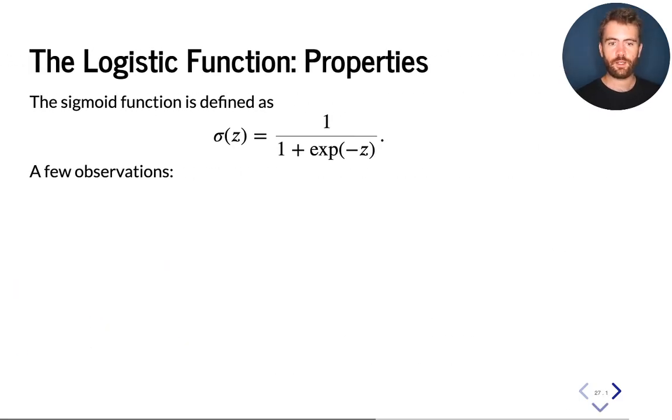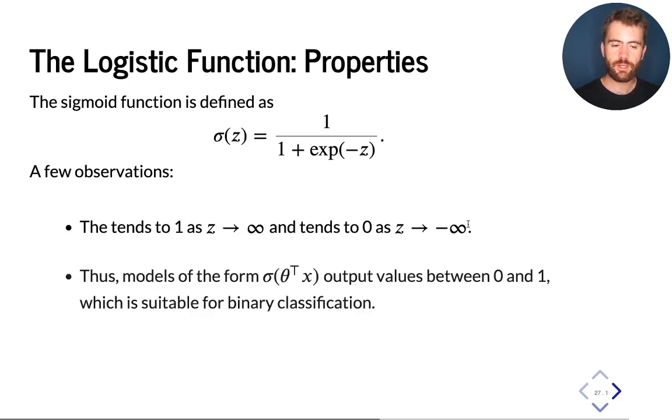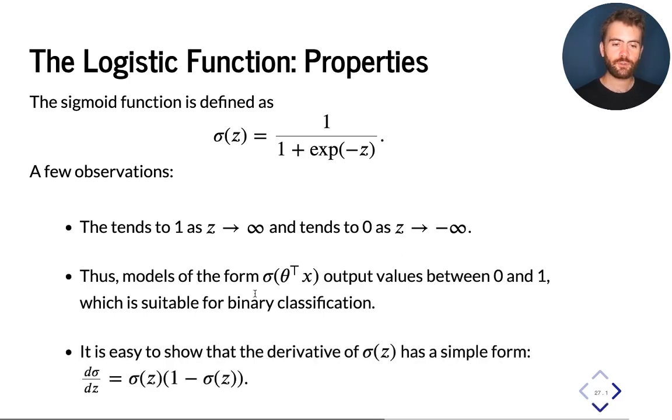I'm going to describe here a few additional properties of the logistic function. I mentioned this earlier, but again, it tends to 1 as its input goes to infinity and 0 as it goes to -infinity, which makes the values between 0 and 1. And it's also easy to derive a derivative for this function, and you can check yourself by using calculus that the derivative of this function has the following convenient form.